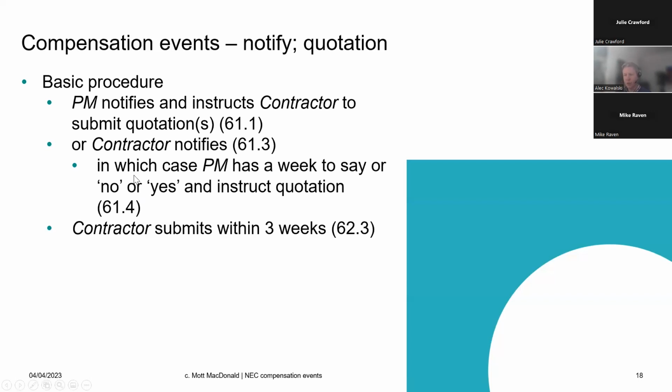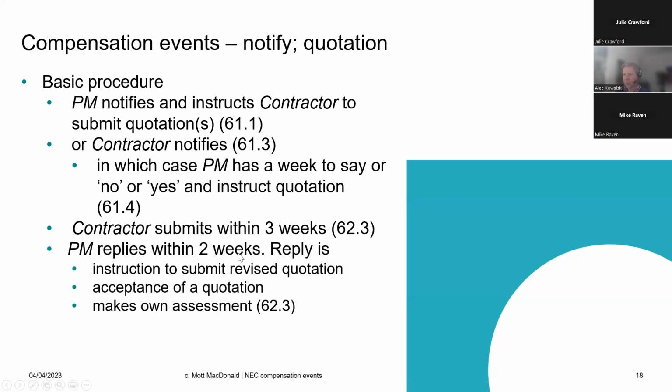Right, if the project manager has either instructed or has said yes, the contractor has then 3 weeks to submit their quotation. When the project manager receives that quotation, they've then got 2 weeks to reply. Your response to a quotation is either, please submit a revised quotation. Now, you have to give some reasons for this, but there are no reasons under the contract.